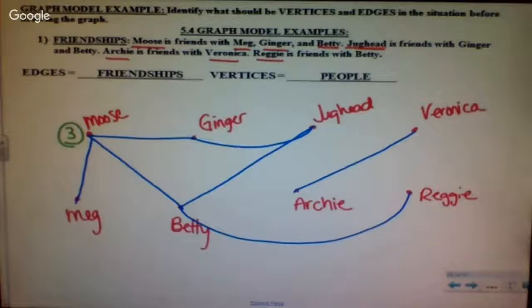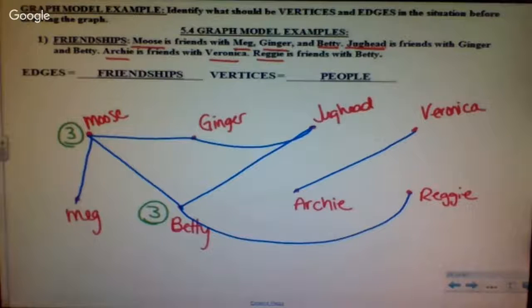There's 3 lines coming out of his vertex. Betty also has 3. Who has the least amount of friends? Reggie, Veronica, Archie, and Meg. They only have 1 friend apiece.